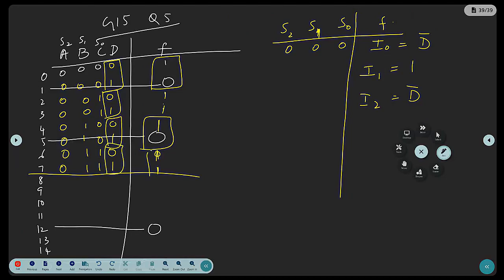Irrespective of this, I get. Whenever you give 0, 1, 1 to the select lines, I3 will be connected. I just want 1 here.